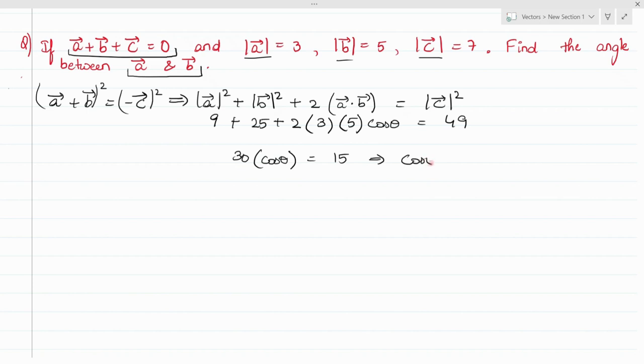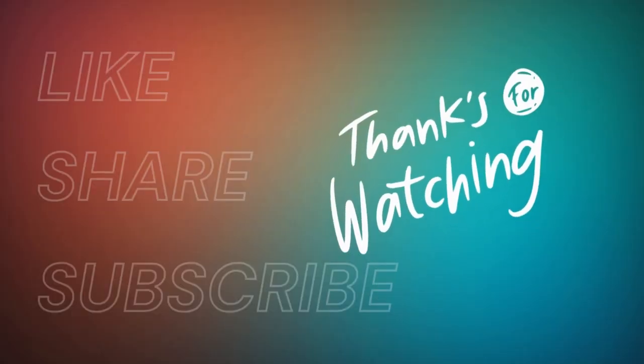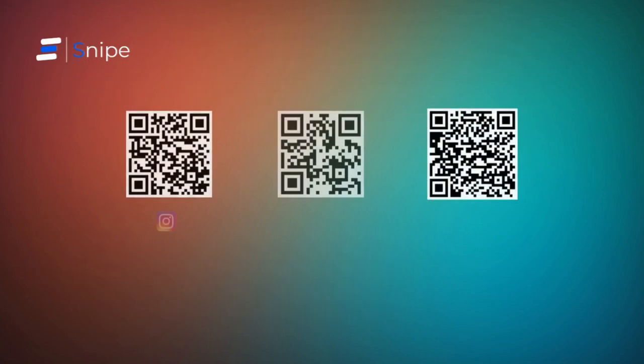You'll get cos theta as 1 by 2. Therefore, theta will be pi by 3. Hence, the angle between A and B is pi by 3, that is 60 degrees.